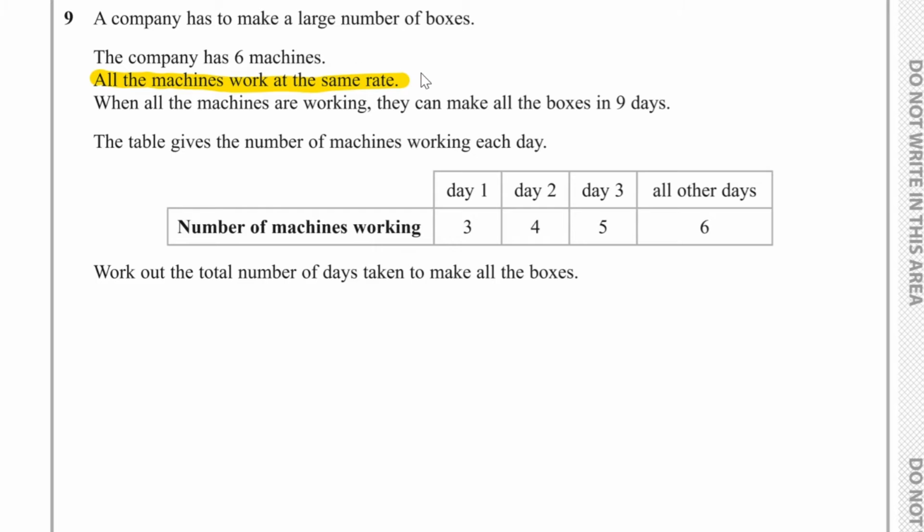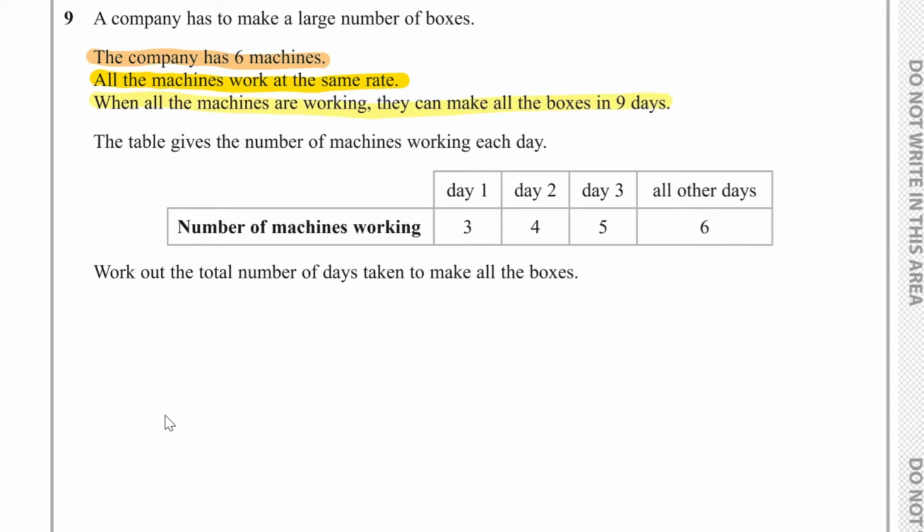And the company has 6 machines. So, what does this mean? Let's just highlight this. The company has 6 machines. And when all the machines are working, they can make all the boxes in 9 days.